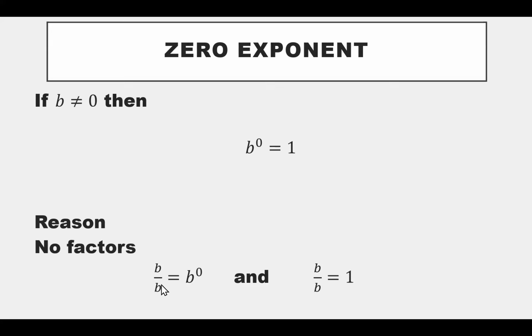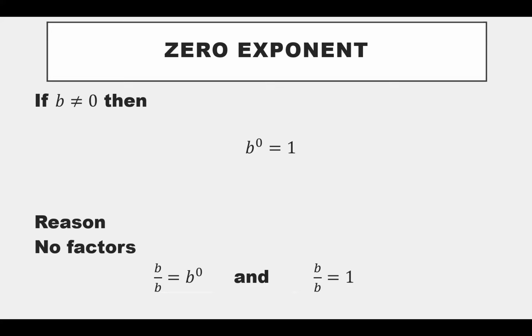So b over b, using the quotient rule, would be b to the 0 power. But also using common sense, b over b is equal to 1. So if we want all of these rules to be consistent and match with my previous rules, I need b to the 0 power to be 1.